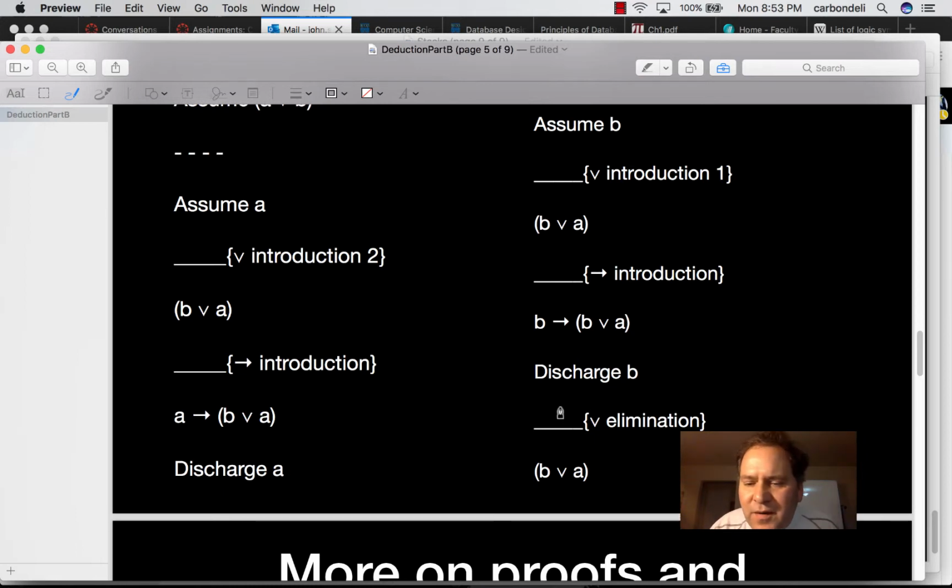And then we are utilizing logical OR elimination to show that B logical OR A is true. And you can see this is what we set out to prove.